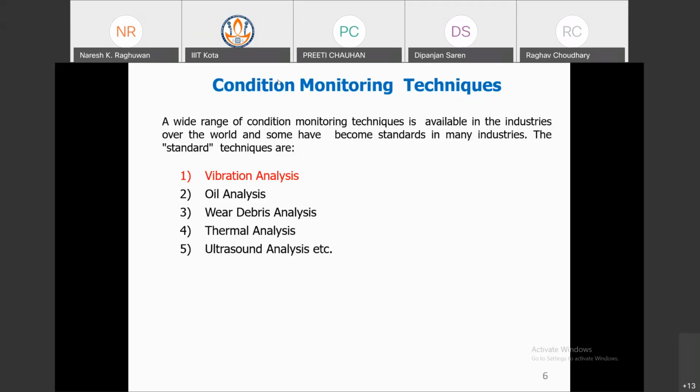Oil analysis: generally, in every machine with rotating parts, gears or bearings, or a shaft in a bearing, oil is there to reduce the friction between the two surfaces. How will we analyze the oil? Suppose some foreign particles are in the gearbox. After some working conditions, the oil degrades.